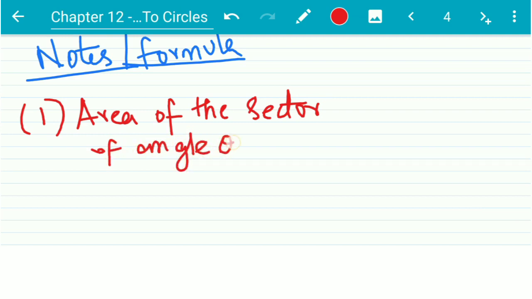So in the question, if they have given an angle and also they are asking what is the area of this sector, you can find it by using this formula, theta by 360. Theta means the angle which is given in the question. Okay, so theta by 360 into, since this is the area, you can write into pi r square. So you can find the area of a sector of angle theta by the formula theta by 360 into pi r square. Why pi r square? Because it is the area.